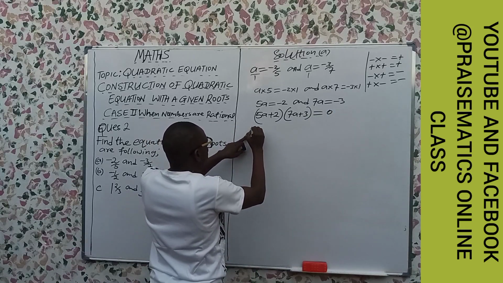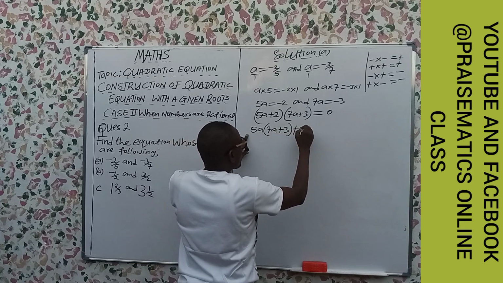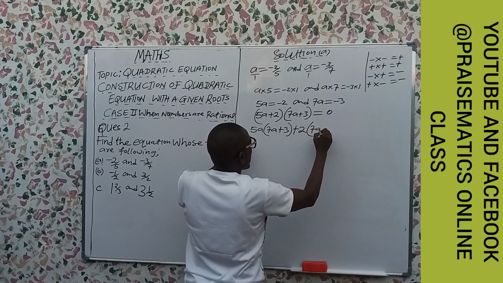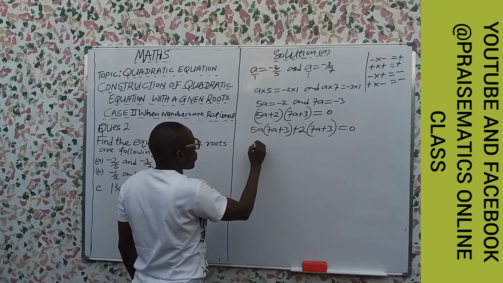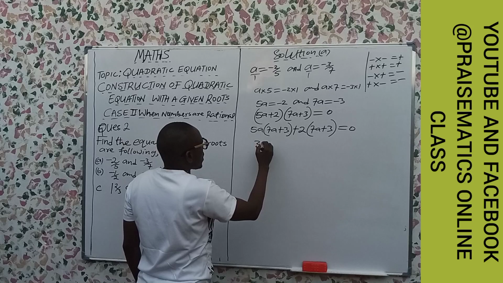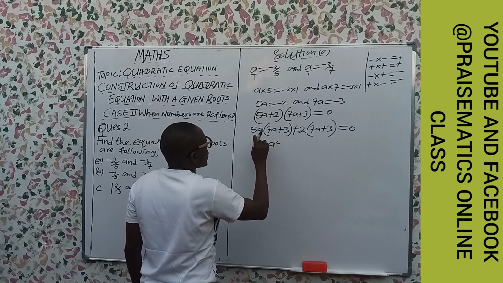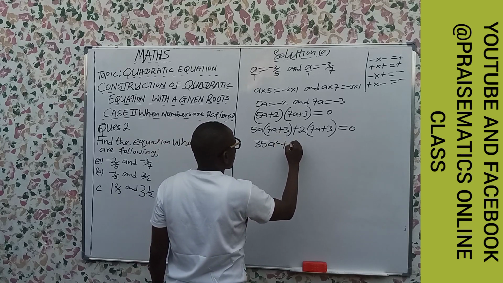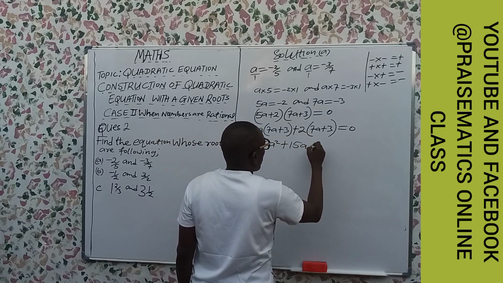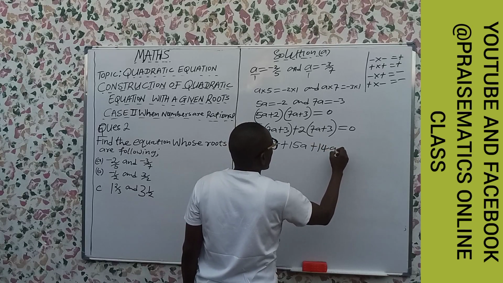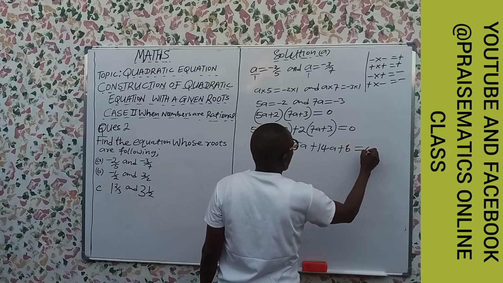Now expand them: (5A plus 2) times (7A plus 3) equals 0. 5 times 7 gives 35, A times A gives A squared. 5 times 3 gives plus 15A. 2 times 7 gives plus 14A. 2 times 3 gives plus 6, equal to 0.